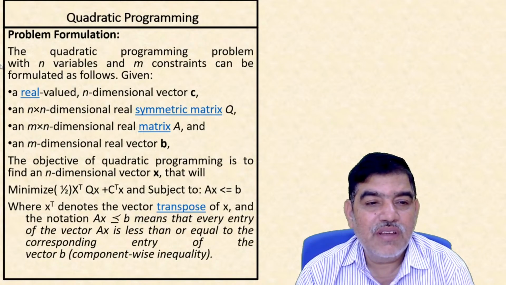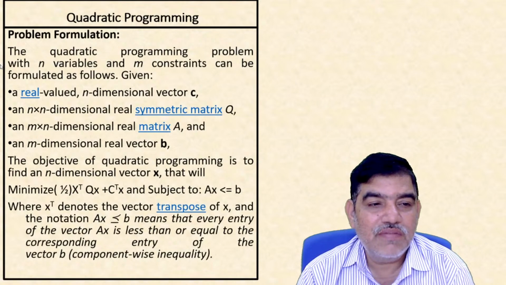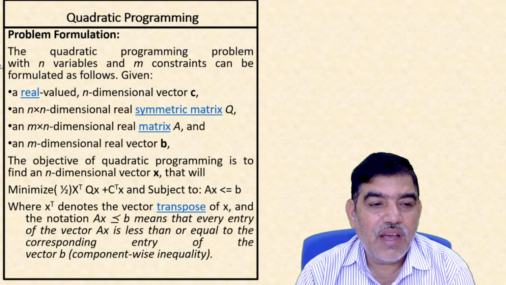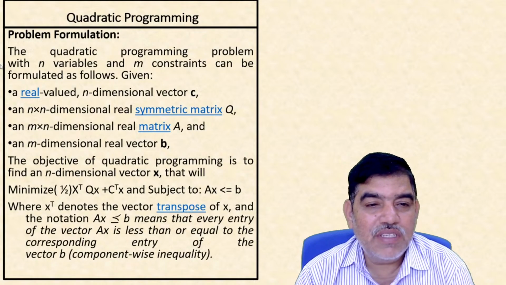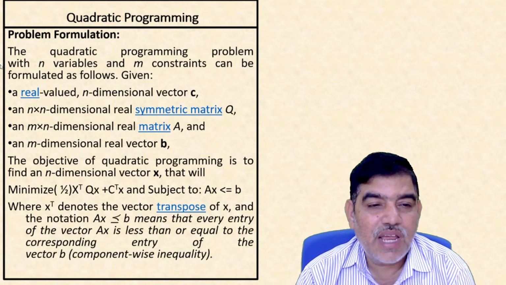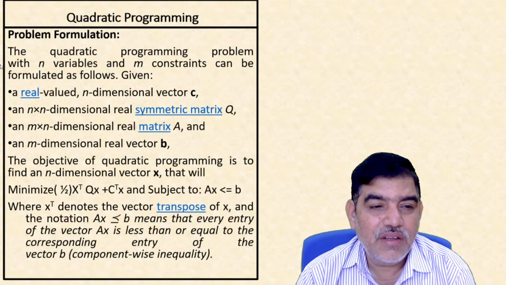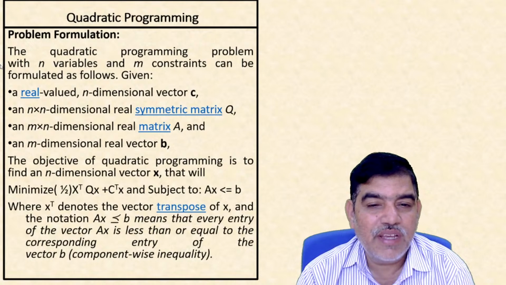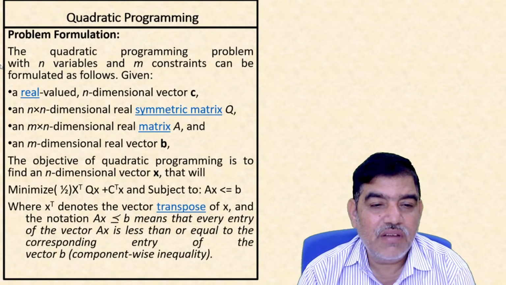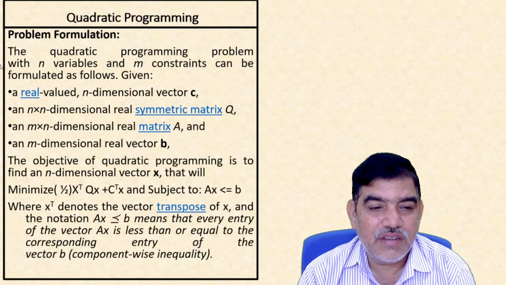Given a real valued n-dimensional vector C and n into n dimensional real symmetric matrix Q and m into n dimensional real matrix A and an m-dimensional real vector B. The objective of quadratic programming is to find an n-dimensional vector x that will minimize the objective function with respect to the constraint.